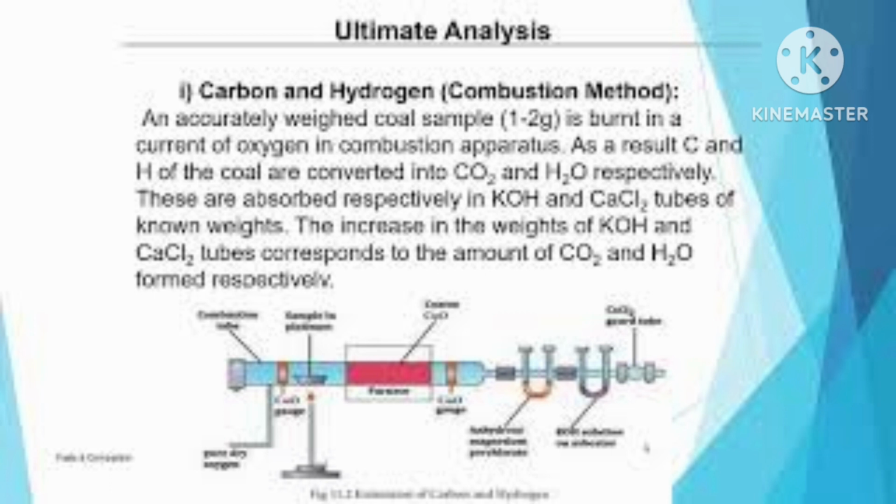Then all will dissolve in the water. That is called extraction. You can filter it, and the filtrate, the solution, is called the extract. This extract is known as sodium fusion extract.